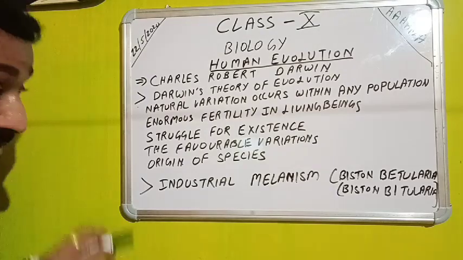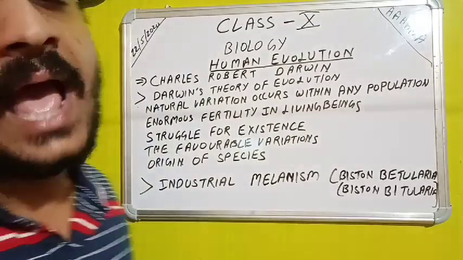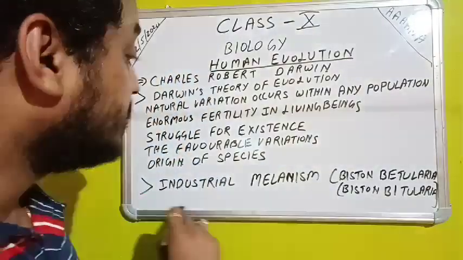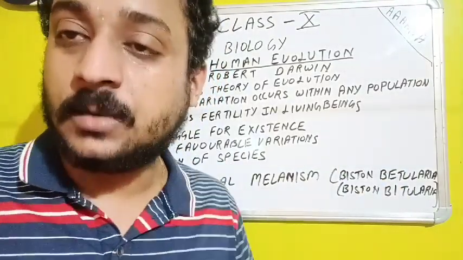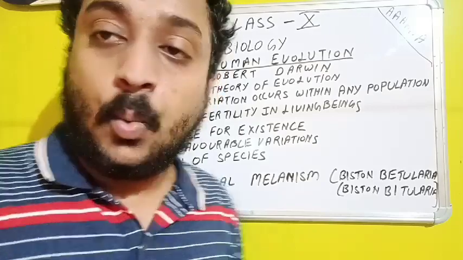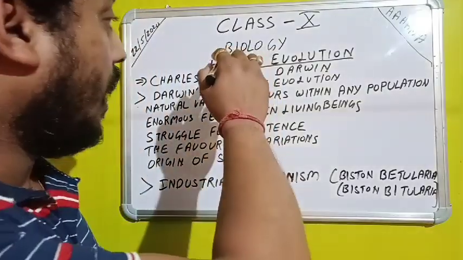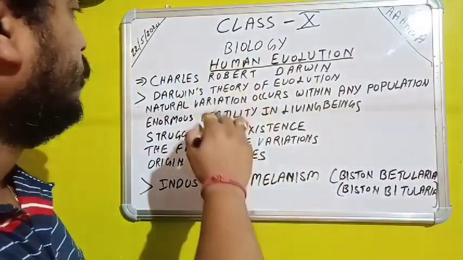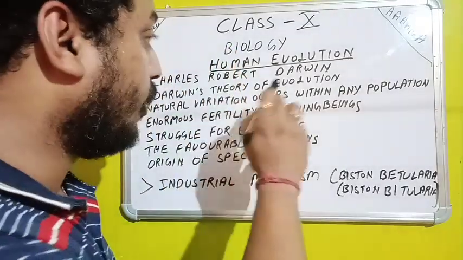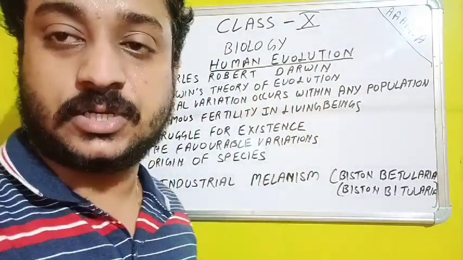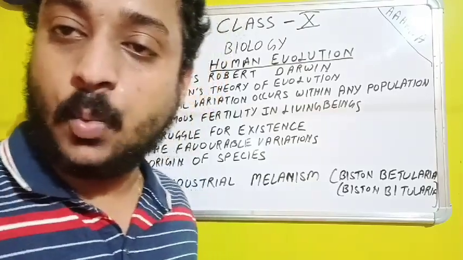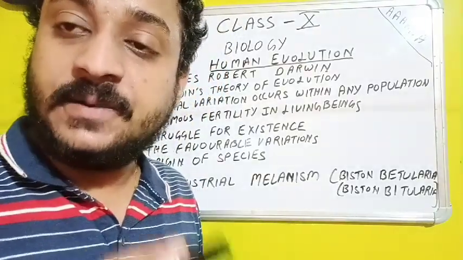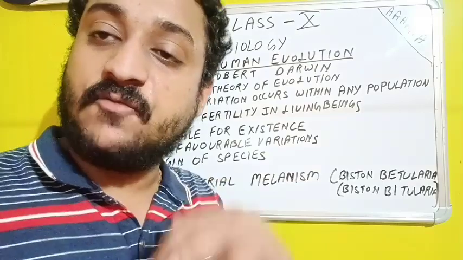Now, the best example related to Darwin's theory is industrial melanism. It was not actually postulated by Darwin, but it was studied in context of the theory of evolution, the theory of natural selection. In context of natural selection, industrial melanism demonstrates natural selection in a very nice way.